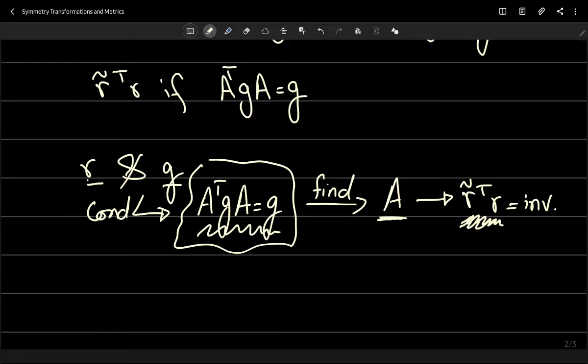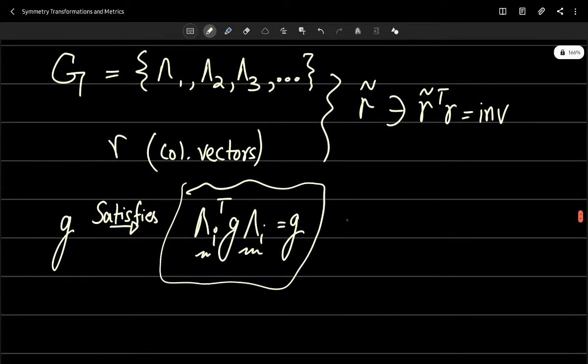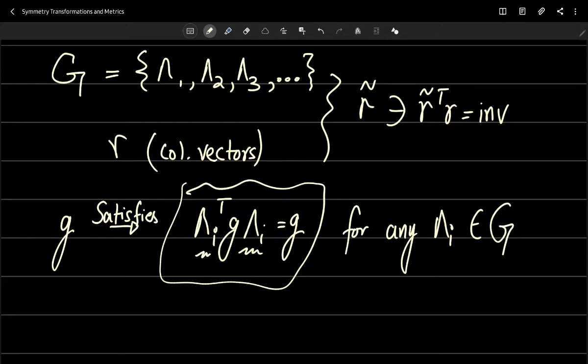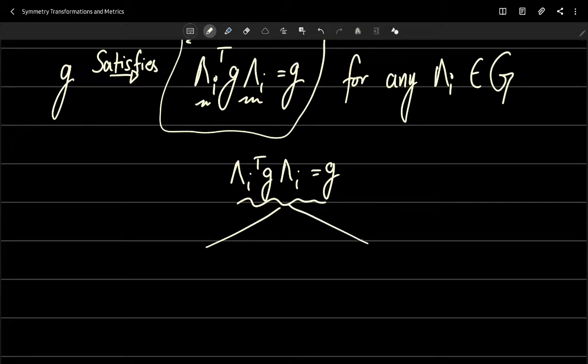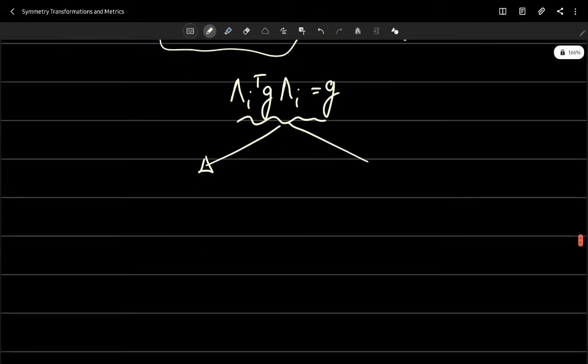Okay, so we can do this, of course, for any lambda I that form a group, so that belongs to some group G. Now we can work out this condition, lambda I transpose G lambda I being equal to G. This can be actually worked out in two different ways, right?